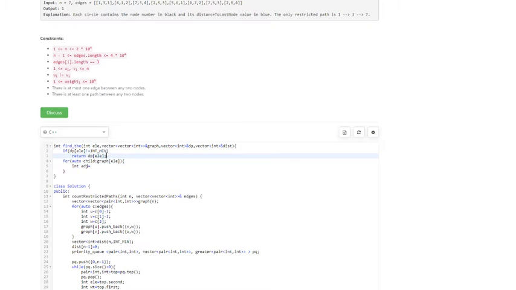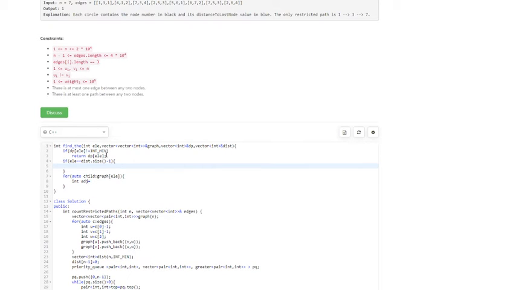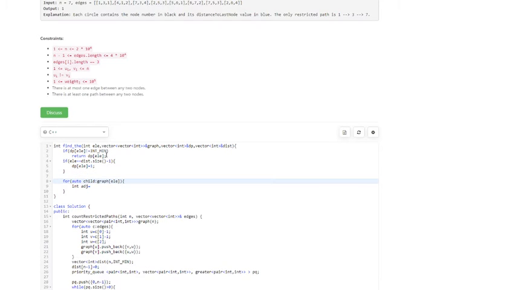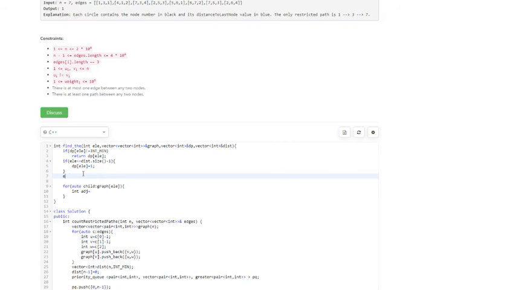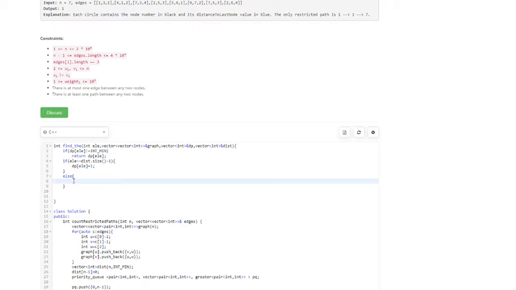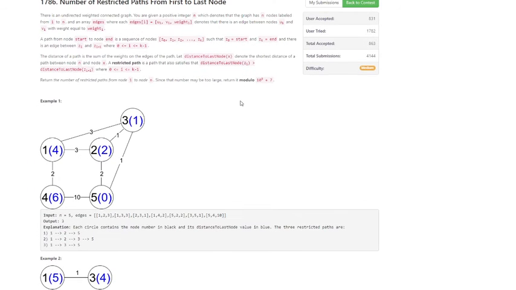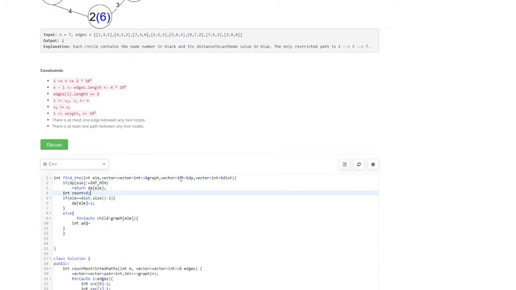Okay, we need to also consider the base case. So let me define it as a long.